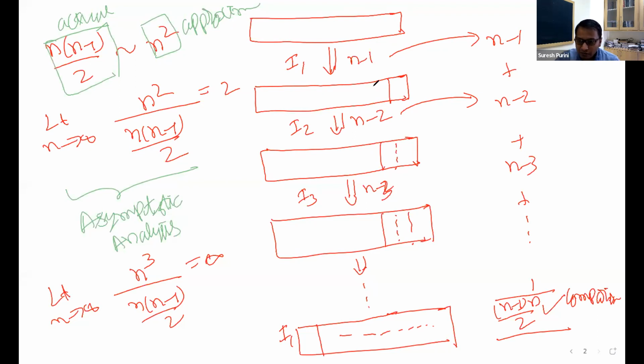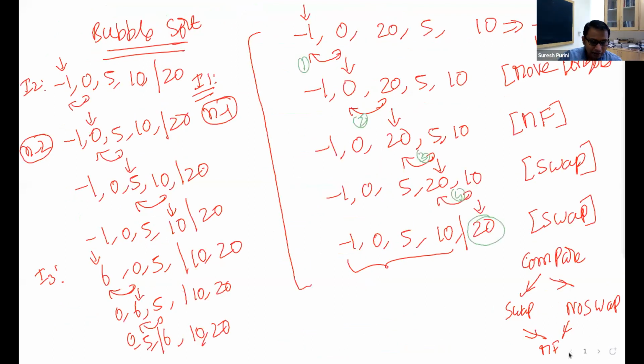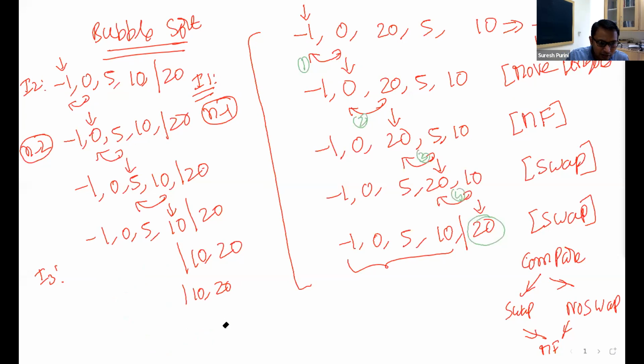All right, now let's come back here, and one thing I want you to note is, let's go back to the original thing that we have here. If it is -1, 0, 5, when the list is already sorted, we put a finger here, we compare -1 with 0. -1 is less than 0, so you don't do anything.